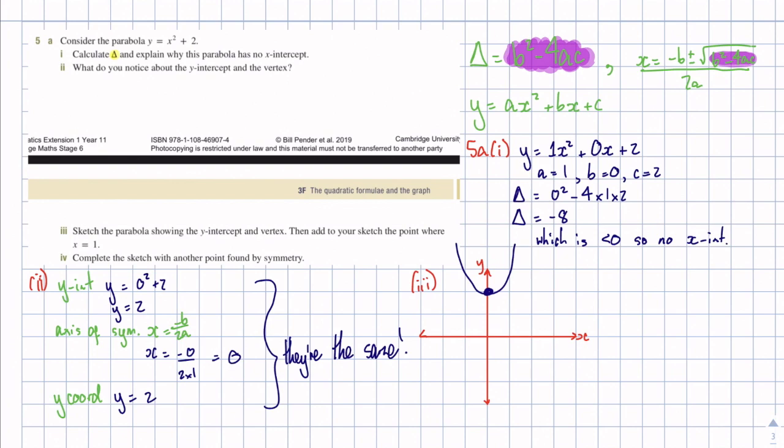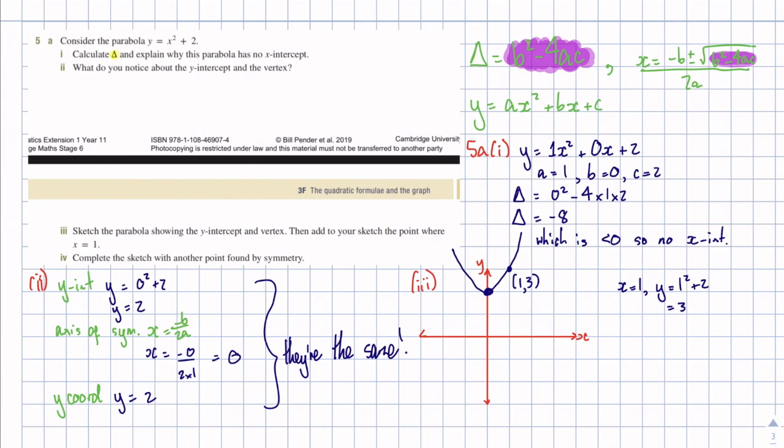Sketch the point where x equals 1. Well, if x equals 1, y equals 1 squared plus 2, which is 3. So really, I should have had this going through x equals 1, y equals 3. So it should go up like that. Like that. Let me fix this up. There we go. That looks a bit better.